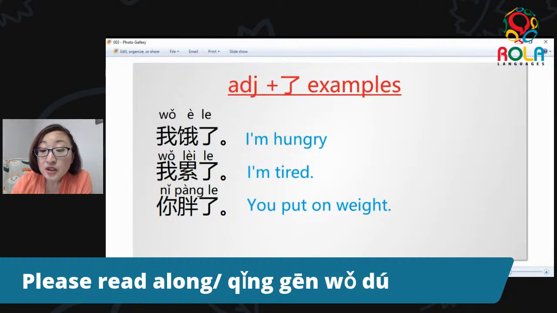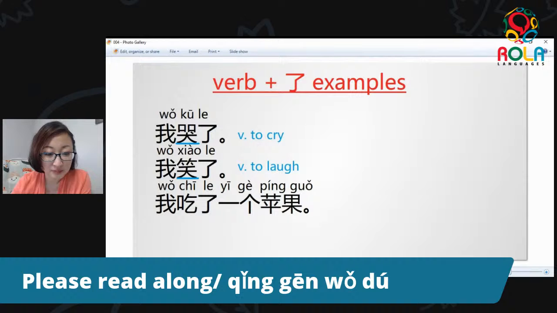And let's look at some examples with verb plus le. The first one, 我哭了. Read after me. 请跟我读,我哭了. 哭 is a verb. It means to cry. The next one, 请跟我读,我笑了. 我笑了. 笑 again is another verb.